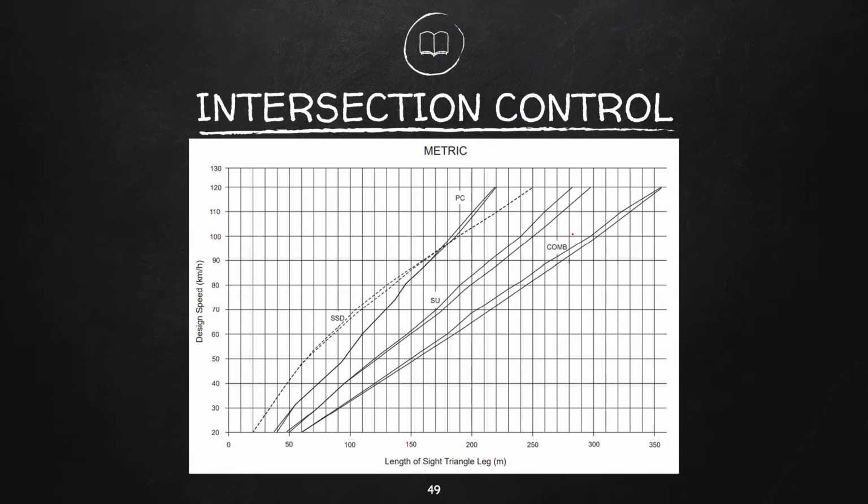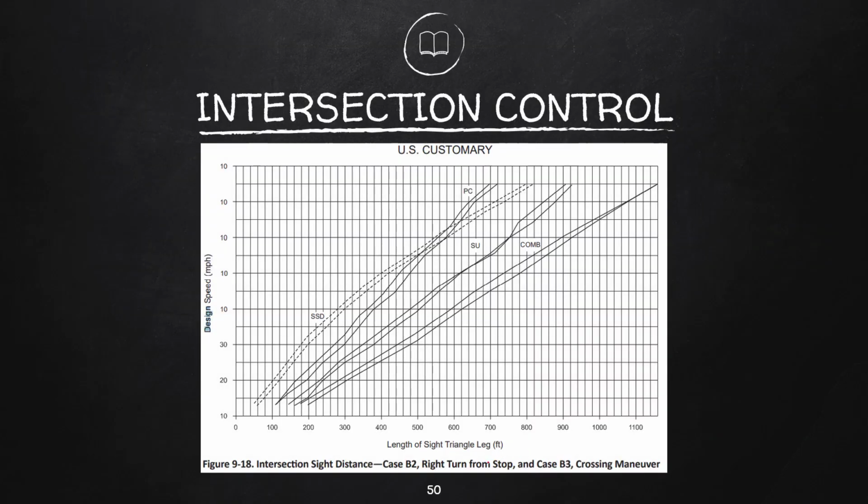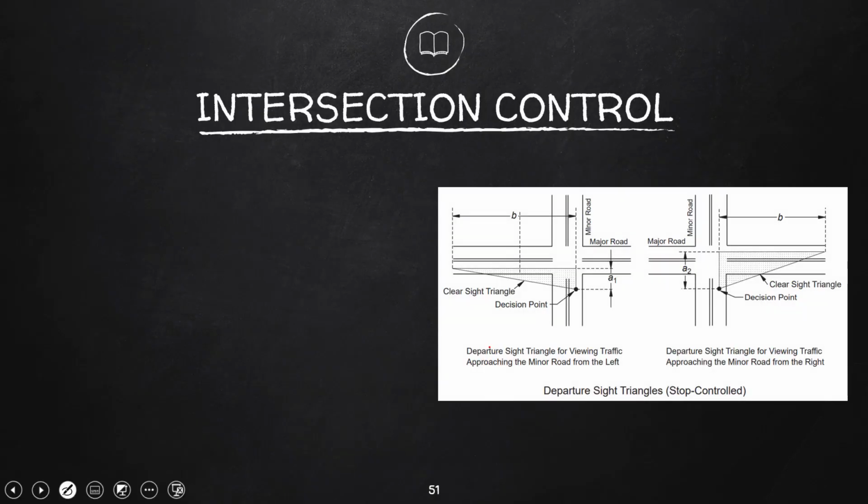These are for case B2, and for case B3. For case B3, crossing maneuver from the minor road, meaning you will continue from this portion and you will cross straight.